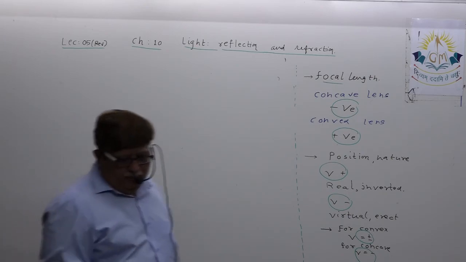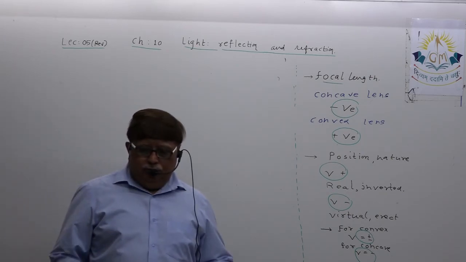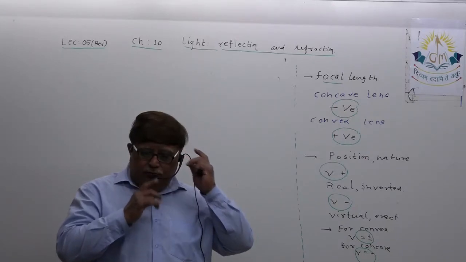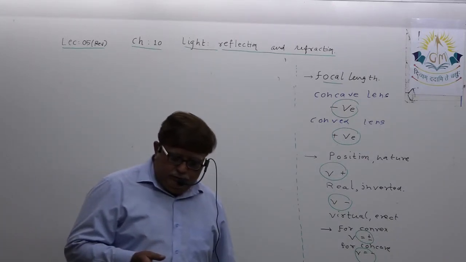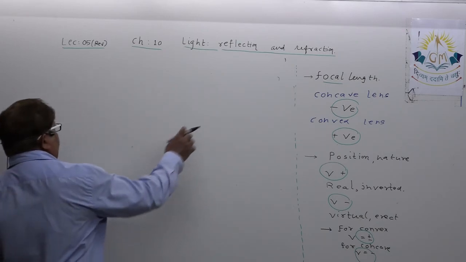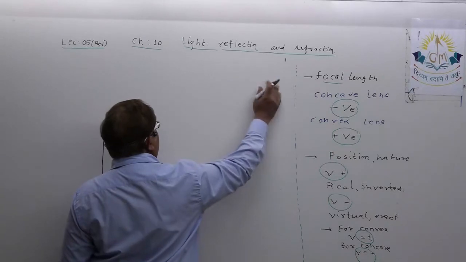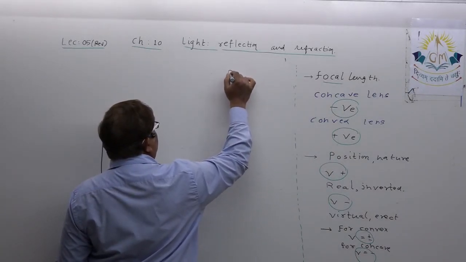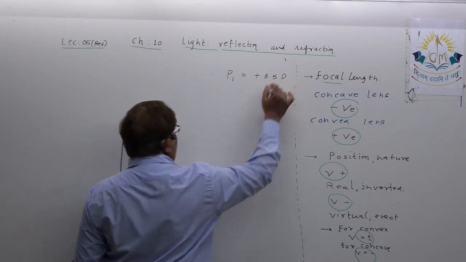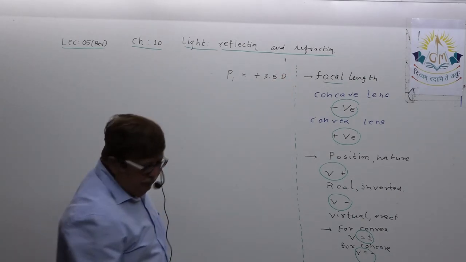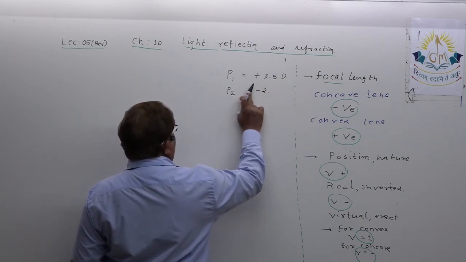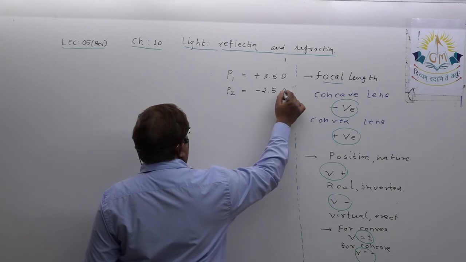You read the sum first. Here, two thin lenses are mentioned and their powers are also mentioned: plus 3.5 D and minus 2.5 D. Now, dear student, when it is a question of two lenses, suppose the first power P1 is plus 3.5 diopter, and the second one is minus 2.5 diopter.